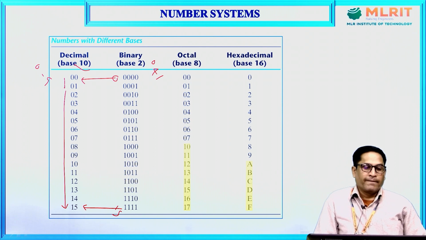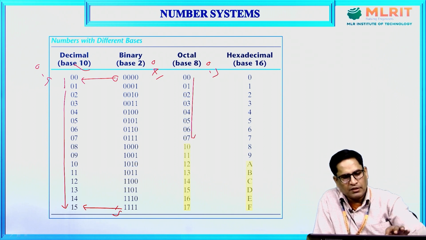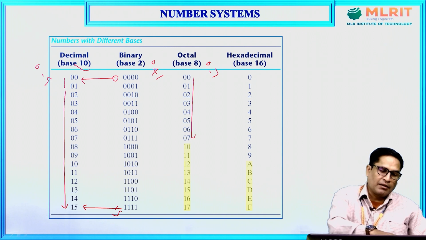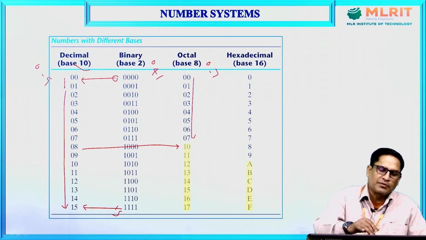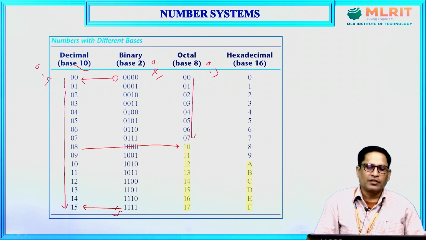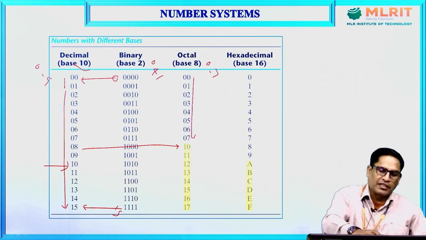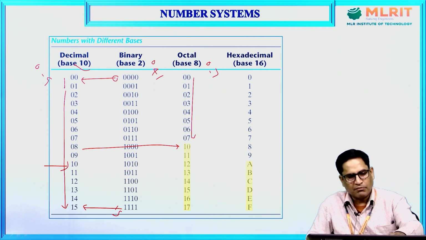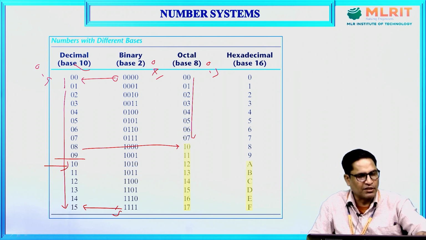Then the octal number system, 0 to 7 only. So from here to here it's 7. But when I want to represent the number 8, I don't have a digit for it because only 0 to 7 are there. So likewise, as in the decimal number system we use 0 to 9 and then 10, that is 1 0, again it's 1 0 for the octal number system. Look at all the highlighted numbers: 0 to 7 is done for octal, 0 to 9 is done for decimal.